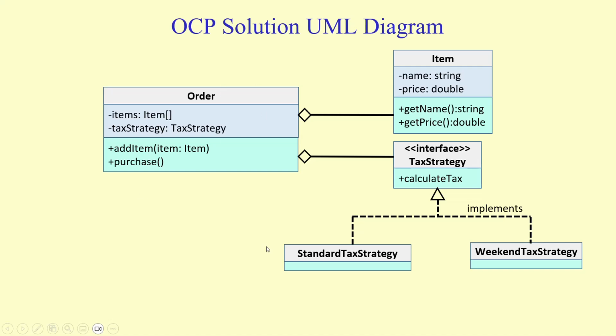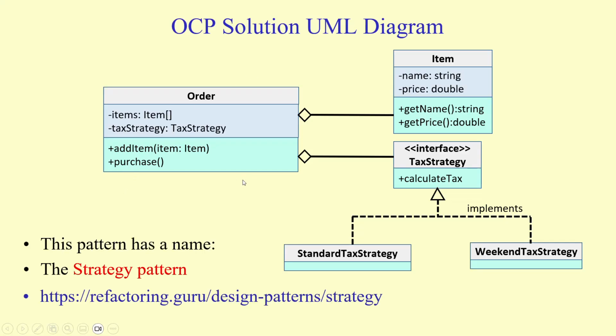It's now extensible in the sense that it can execute any tax strategy that's provided to it, and it's closed to modification. So we will never change the purchase method now. This pattern has a name. This is called the strategy pattern, and you can read more about it using the following link.